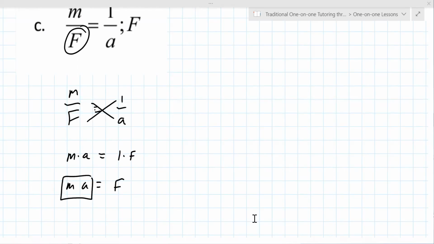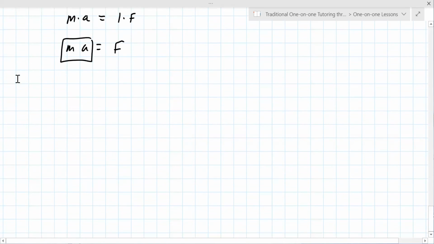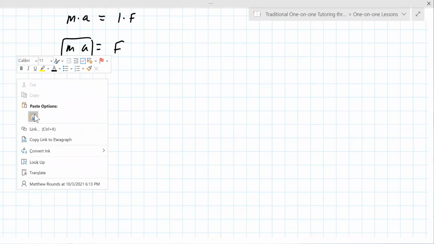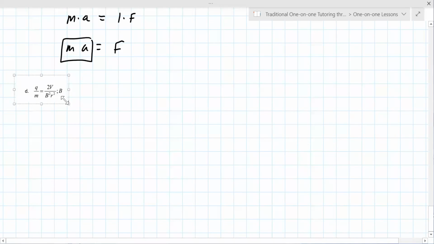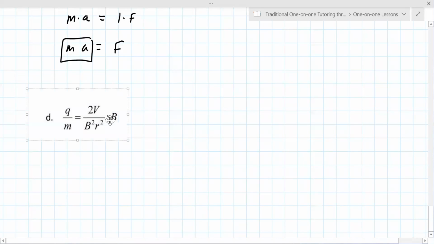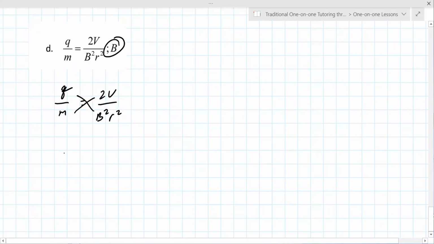All right. So letter D here is asking for you to solve for B. A lot of these are equations from physics that you may see if you take physics. Again, the variable that you care about is in the bottom, so I'm going to recommend that you cross multiply here. So you get B squared R squared Q equals 2VM.